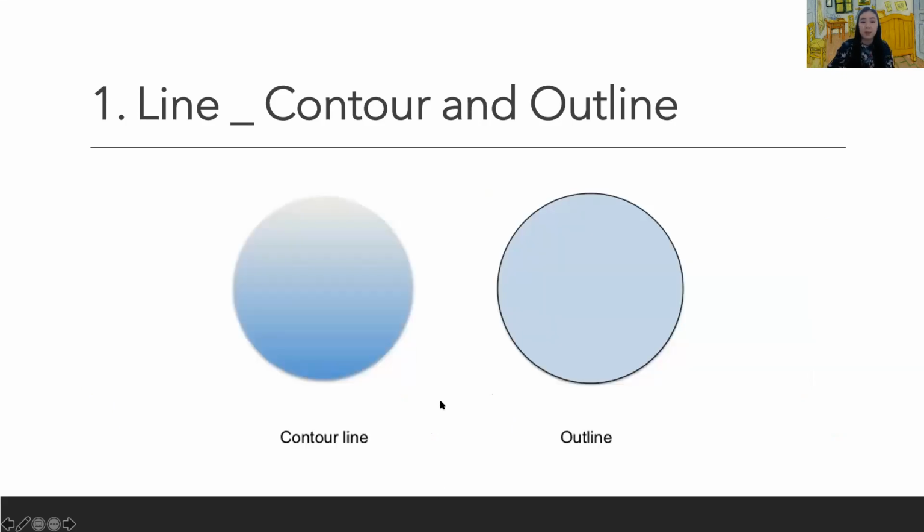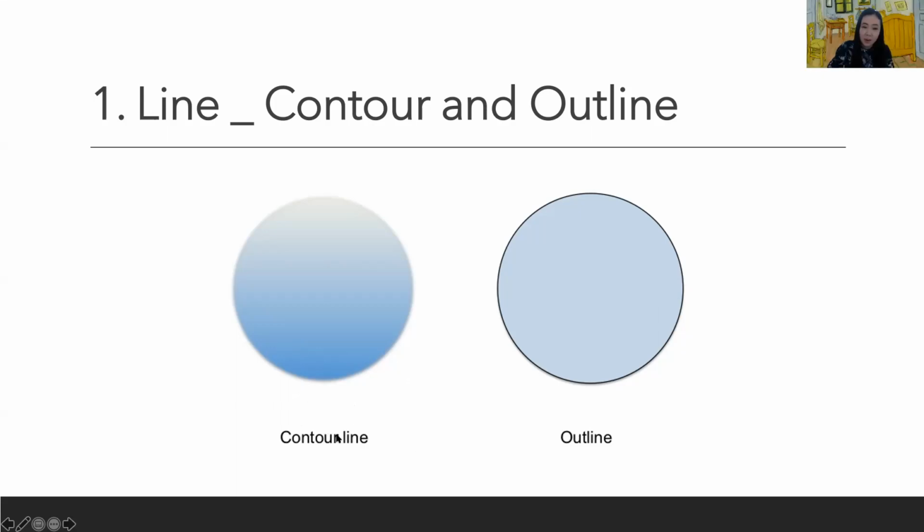So the left one is contour line and the right one is outline. What's the difference? One is blurry, the other one a little bit lighter, clearer. Why does the left one look blurry? Because you don't see the line. That's right.